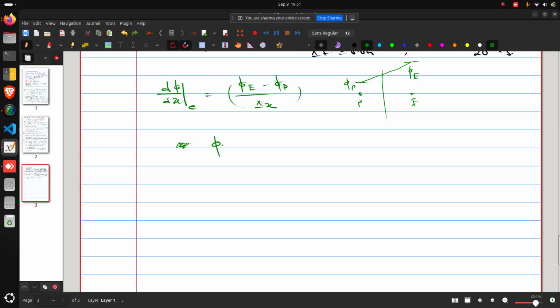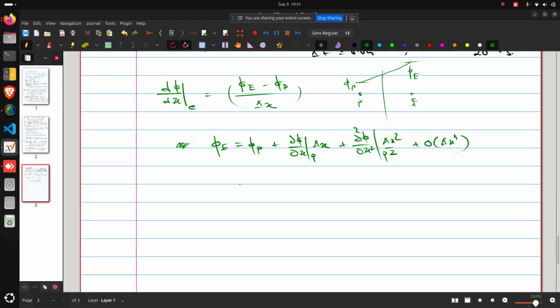For example, if we go east, we do the Taylor series expansion about phi p: phi p plus dou phi dou x at p times delta x plus dou square phi dou x square at p times delta x square by 2 plus order of delta x cube.